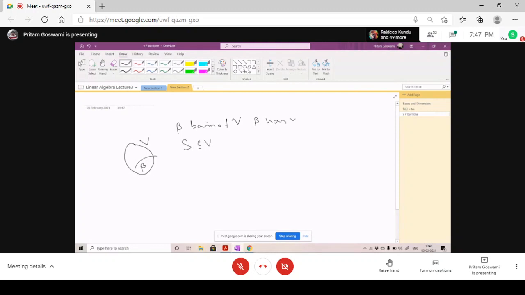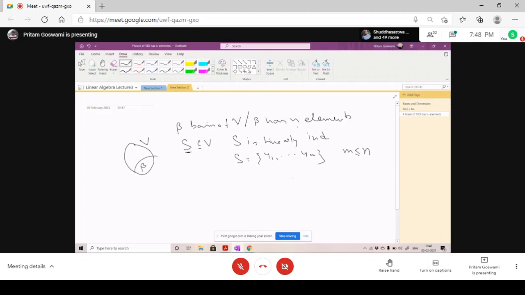Suppose there is another set S which is a subset of V, and what we know about S is that it is linearly independent and has m elements, say y1 to ym, such that m is less than or equal to n. N is the number of elements in beta.